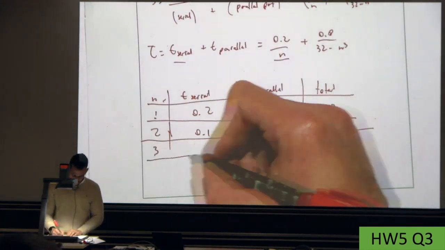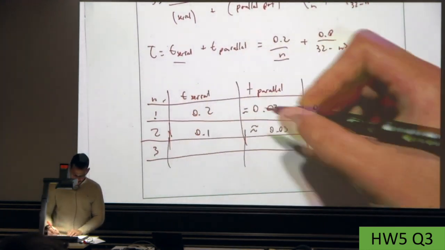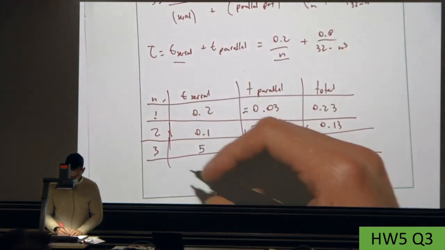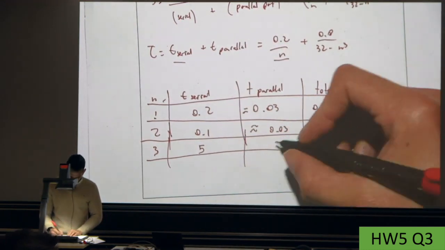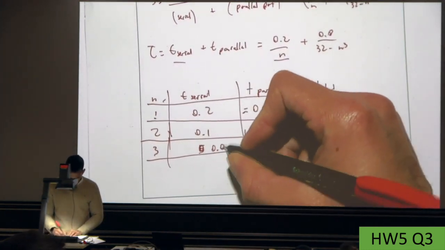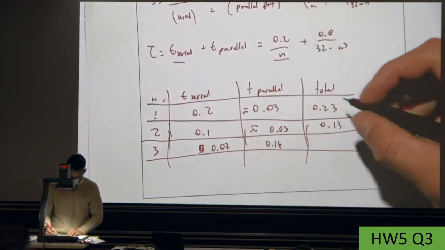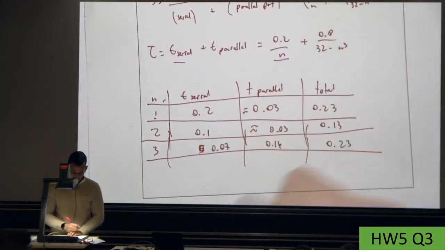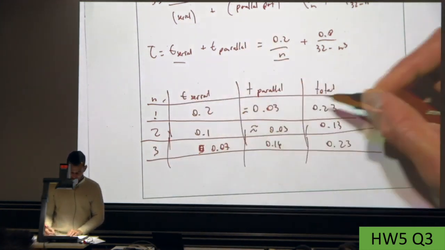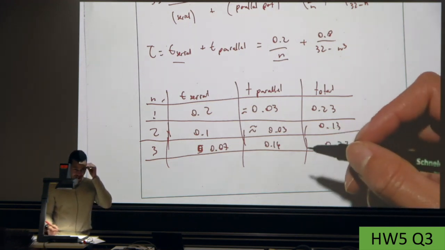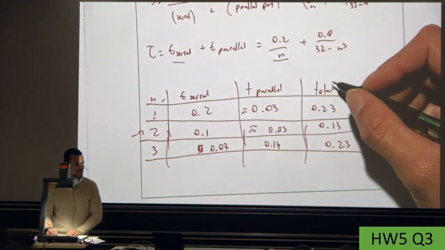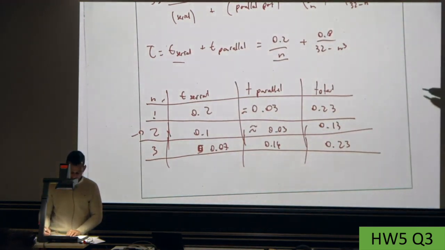If n is equal to 3, the time for the serial part is 0.07, oh sorry, and the total time is 0.23. So you can continue doing this table until you reach the total area that you can have in the chip, but we figure out that n equals 2 gives you the best timing.